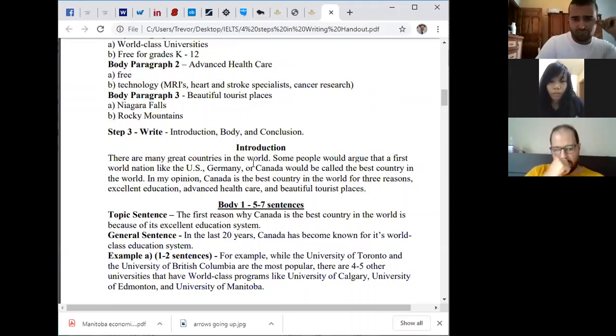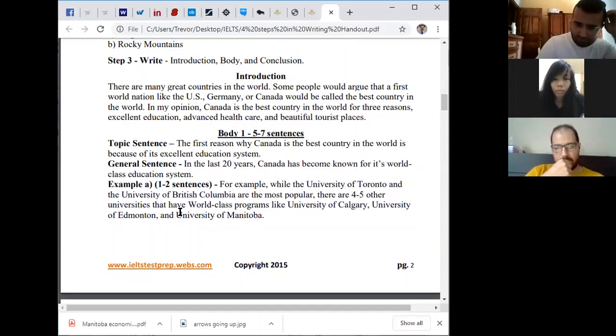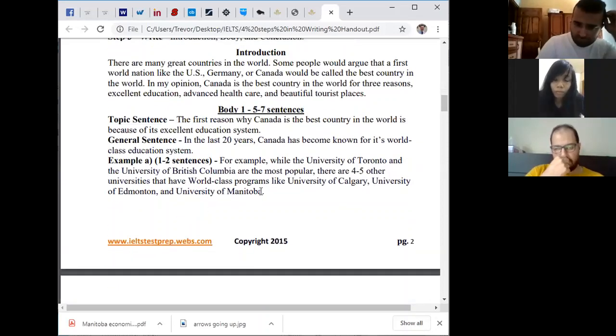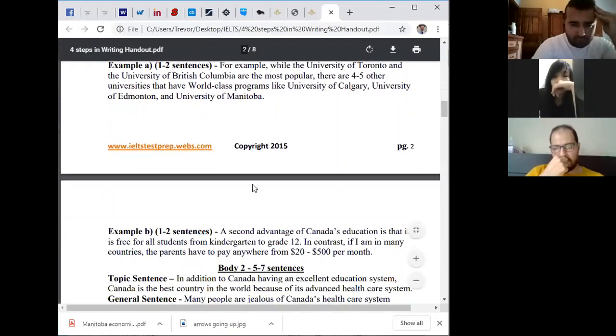In body paragraph 1, I have my topic sentence, a general sentence, then my first example. It depends on the topic and your idea, because your question was, can I move this sentence to a different point? I think you should always start with your topic sentence, but you might go into your first example, and then have a general sentence between your first example and your second example.